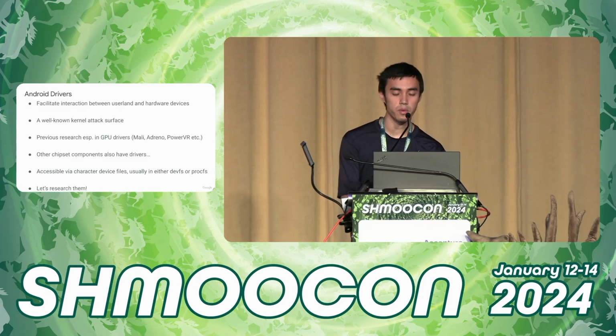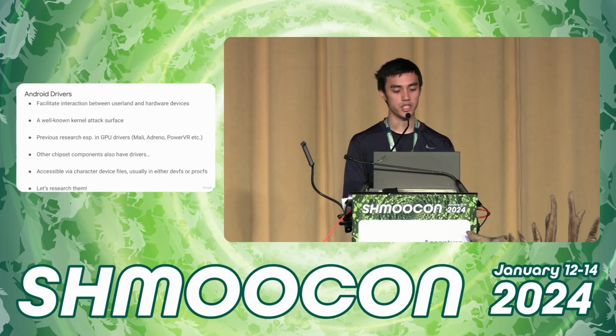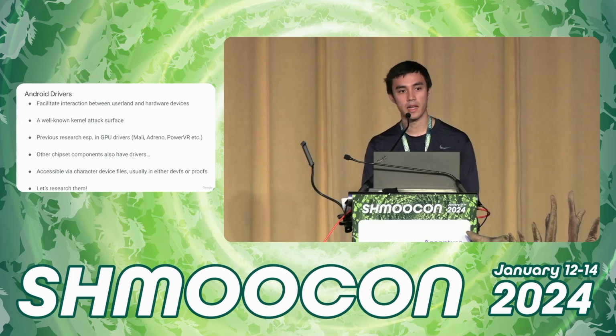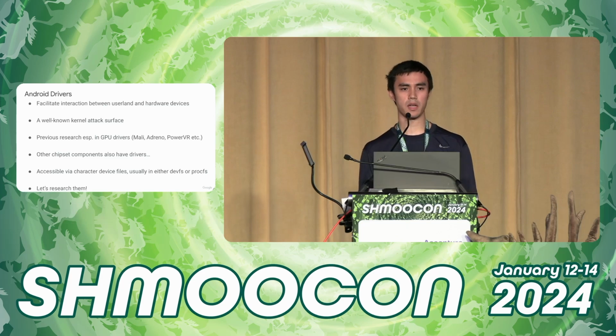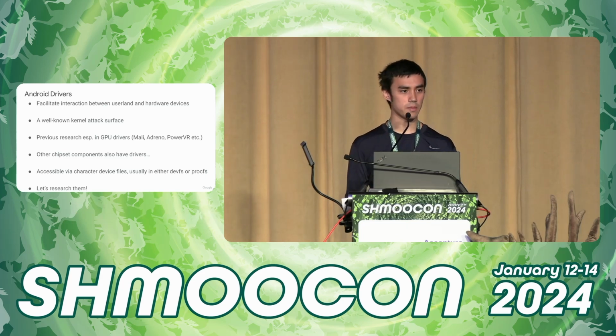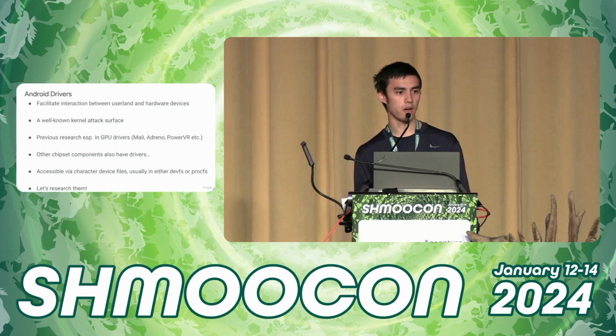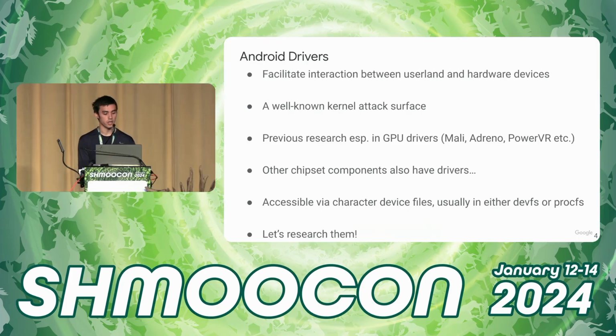Particularly on Android, we've seen a lot of previous research in GPU drivers. That is Mali, Adreno, PowerVR, et cetera. We see that both in the wild and from the security research community. But GPUs aren't the only piece of hardware that have drivers on the system. Other chipset components also have drivers. By chipset, I just mean all of the other different hardware pieces and chips that are on an Android phone.